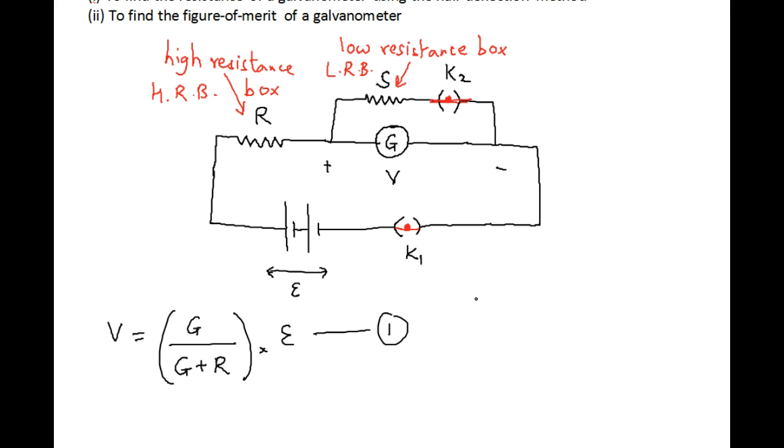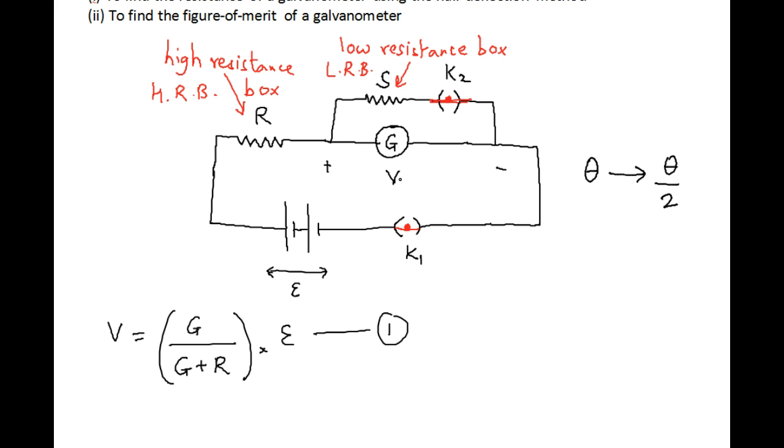You now manipulate the shunt resistance S. Remember, it's a resistance box. You manipulate it in such a way that the galvanometer reading, which was originally theta, now becomes theta by 2.